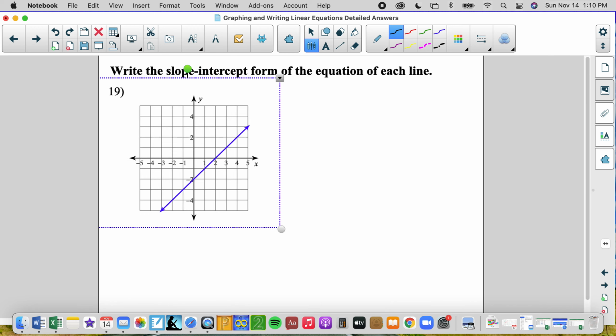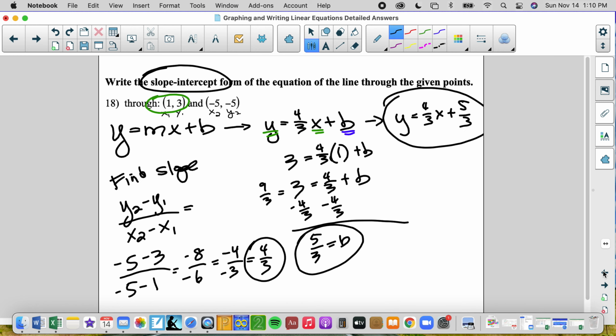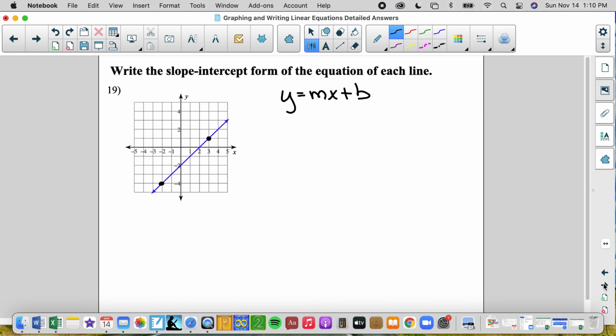All right. So here we're given a graph this time. We still have to write it in slope-intercept form. Now we could pick 2 points and then do what we did here, find the slope, and then plug in for the y-intercept. Or we can be really smart and find the slope.